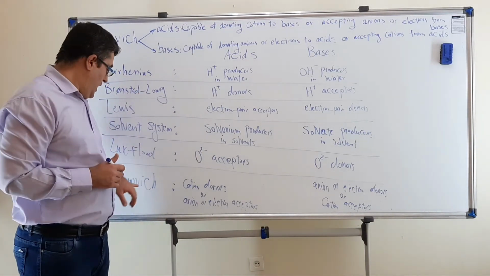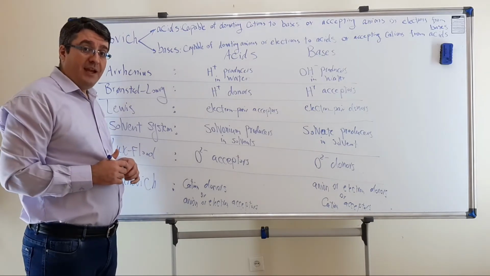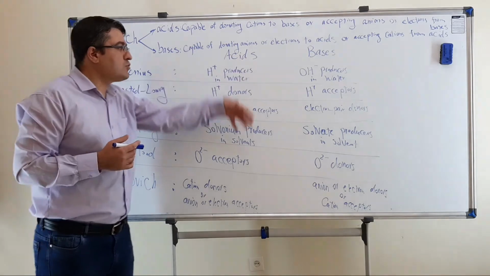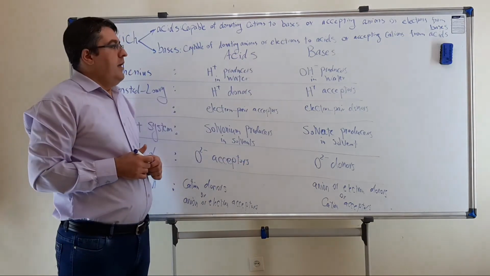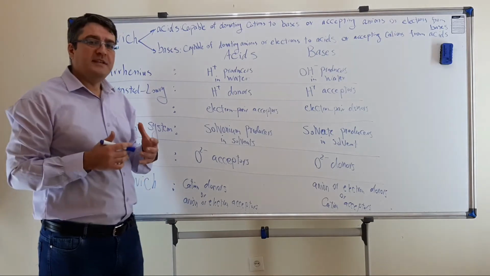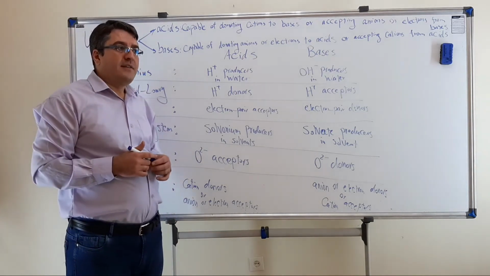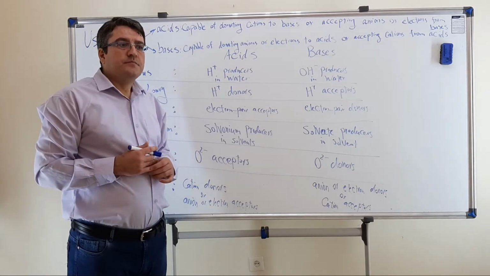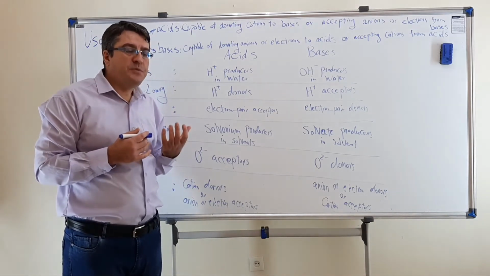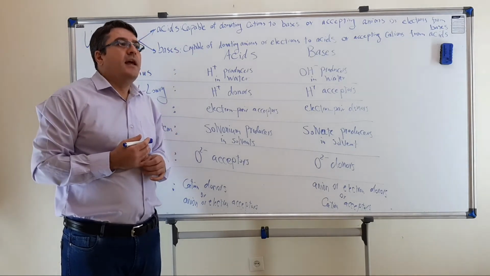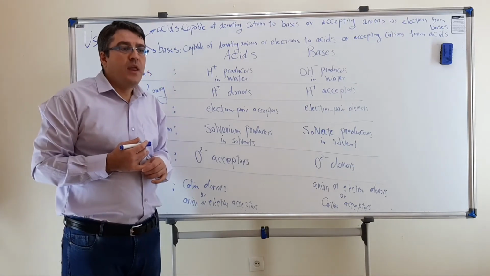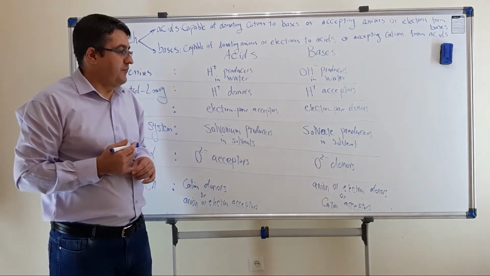Also, we see that Usanovich acid-base theory highlights this fundamental similarity and includes all other acid-base theories. So acids are chemical species donating positive species or accepting negative species, and for the bases this is the reverse.